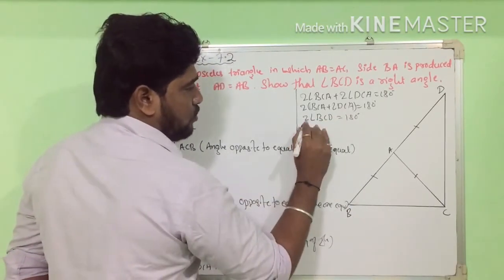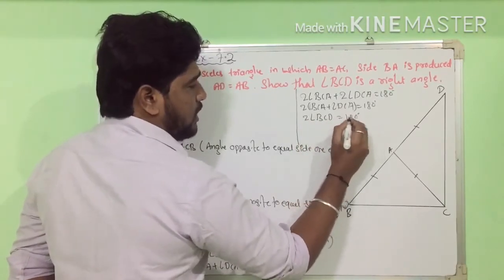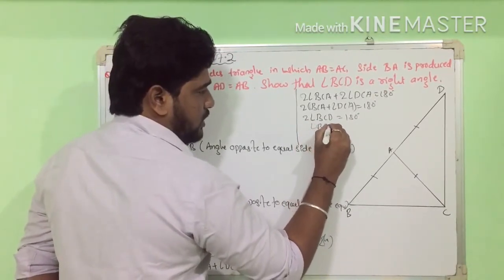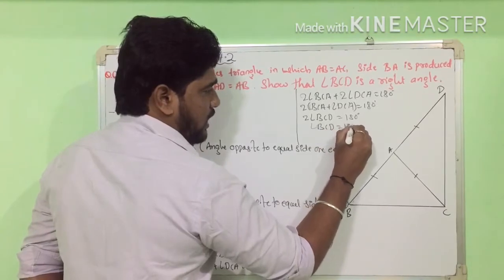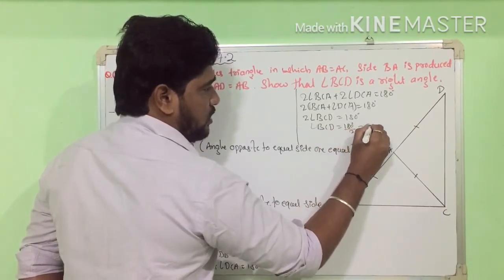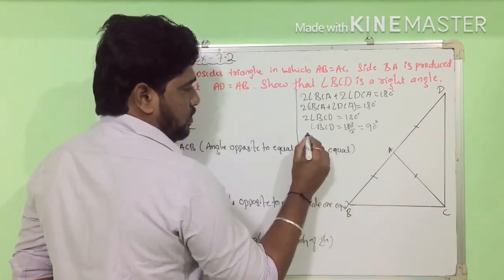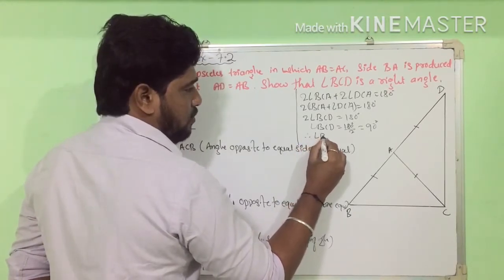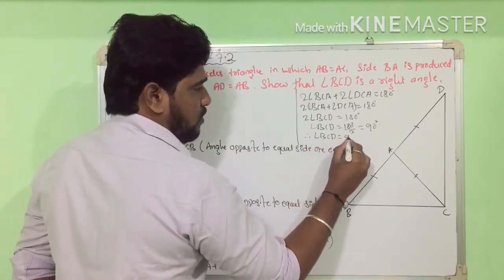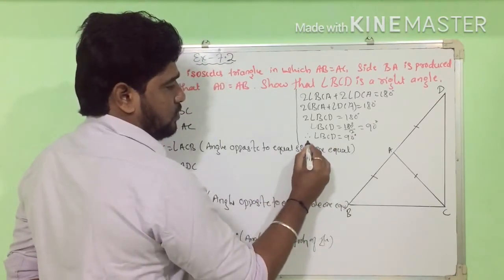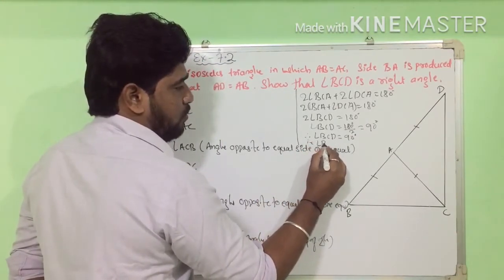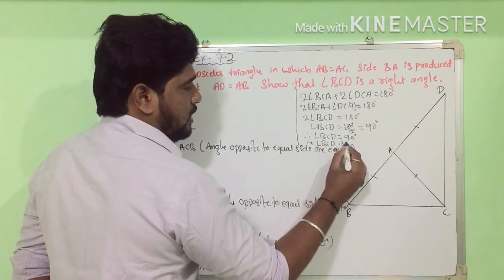Is it clear? So 2 goes to that side, it becomes a division. The angle BCD is equal to 180 divided by 2. This is equal to 90 degrees. So therefore angle BCD is equal to 90 degrees. So that is, angle BCD is a right angle.